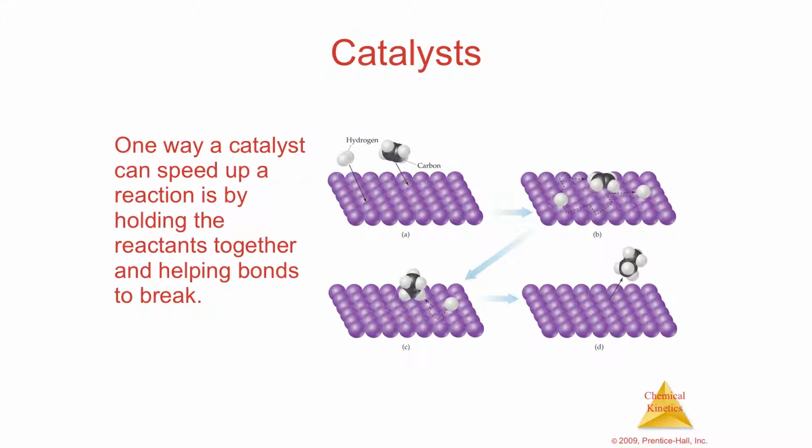So it sticks to it temporarily, then it assembles whatever's being made, and then it spits it out. It makes it much faster, but the same amount of metal is at the beginning and the end. The metal is not used up. It's just a location for a chemical reaction, and it facilitates that reaction and makes it easier, and so consequently it makes it faster.